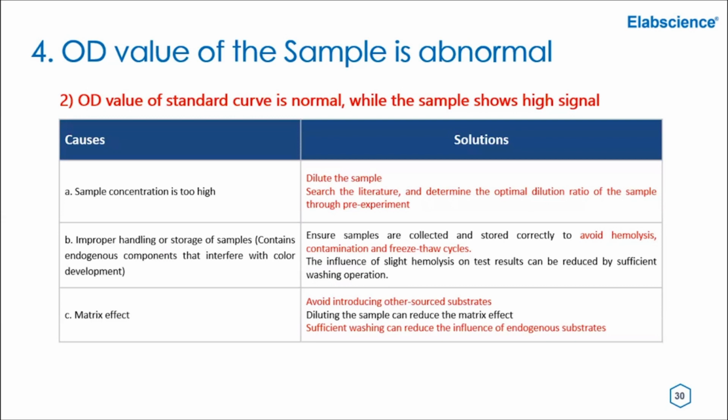And the samples should be collected and stored correctly to avoid hemolysis, contamination, and freeze-thaw cycles. In addition, we need to avoid introducing other sourced substrates as much as possible. If there is the influence of some endogenous substrate, it can be reduced by washing steps.